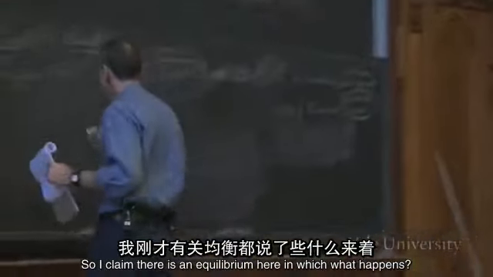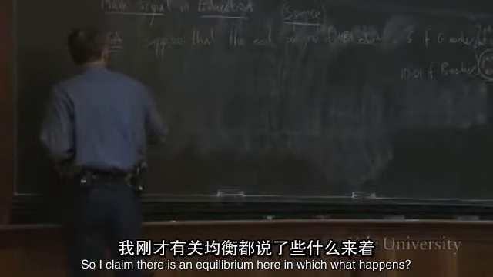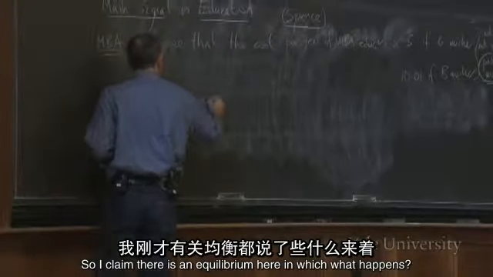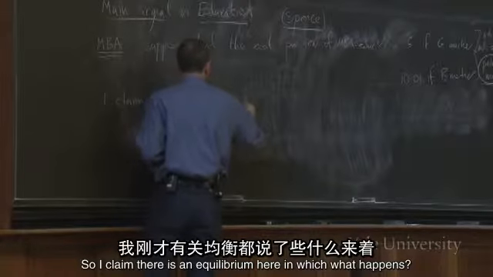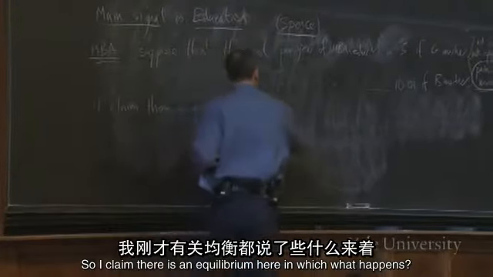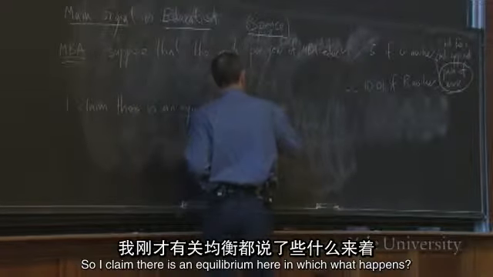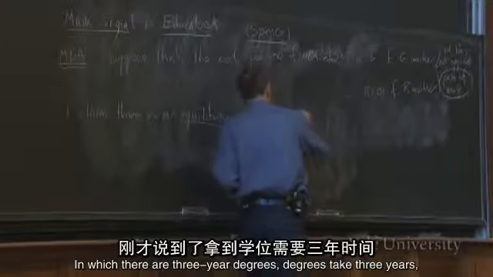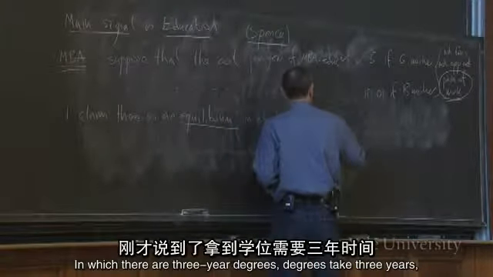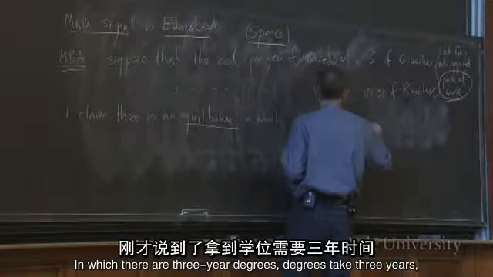So there is an equilibrium in which degrees take 3 years.